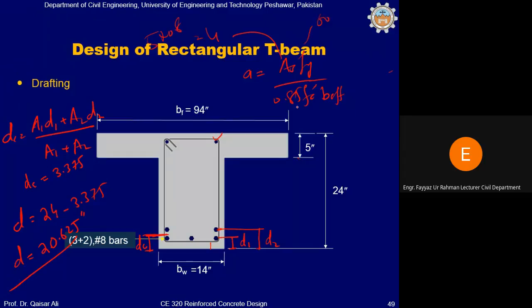Fy is 60, FC prime is 3, and B effective is 94 inches. तो ये जरा मुझे A की वैल्यू बताएं, शाबाश। Quickly, शाबाश। सिंपल मल्टीप्लिकेशन है ना। 4 multiplied by 60 divided by 0.85 multiplied by 3 multiplied by 94.